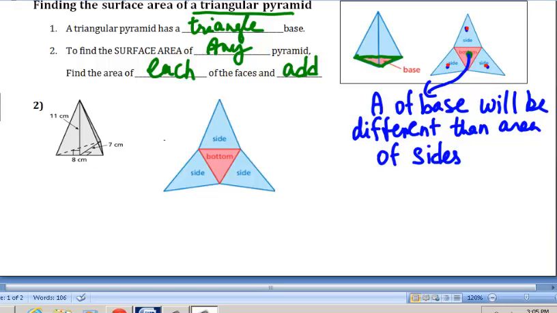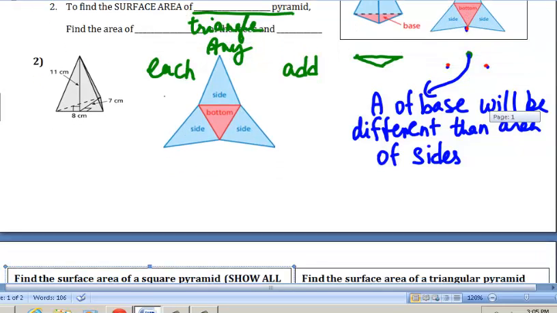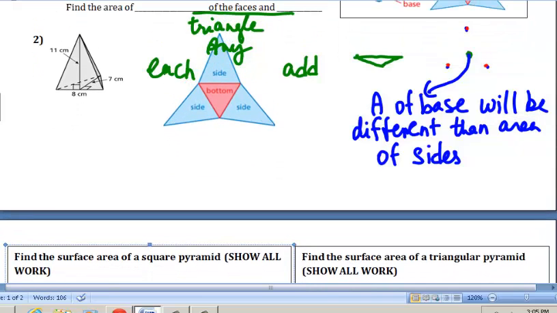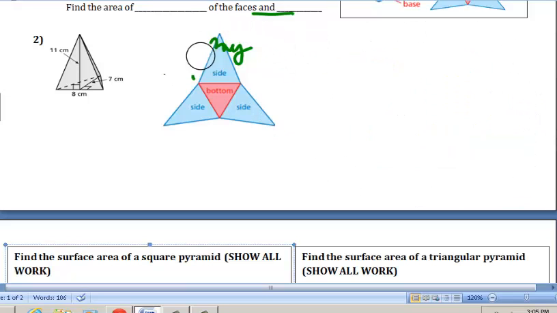Okay, all right. Again, the other thing you have to be careful about with a triangular pyramid is to make sure that you take the correct height of the triangles, whether you're taking the height of the base or whether you're taking the height of the side. Okay, now I'm going to draw the base. This is the base here, and if you notice, they've given you that height, that is the height of the base.